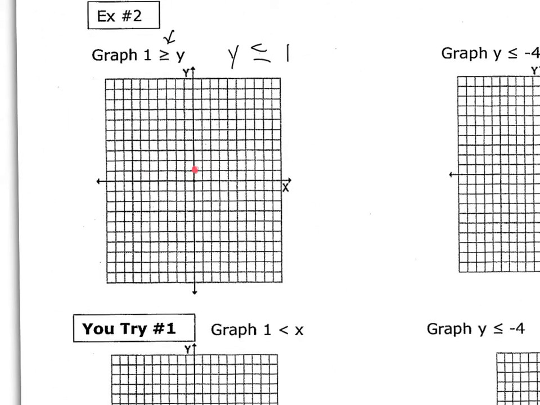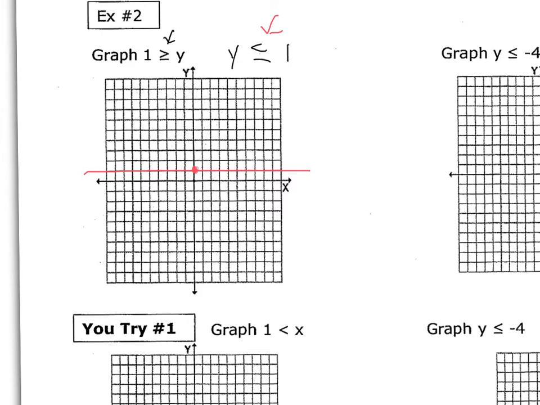Now the first thing we need to think about is whether this is a dashed or a solid line. Looking at our inequality, you have a less than or equal to, so we need a solid line. I said that in our notes just a second ago. So let's draw a solid horizontal line, because remember, y equals a number gives a horizontal line. Now we decide where to shade.